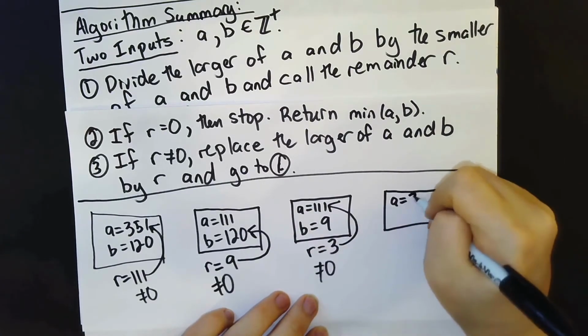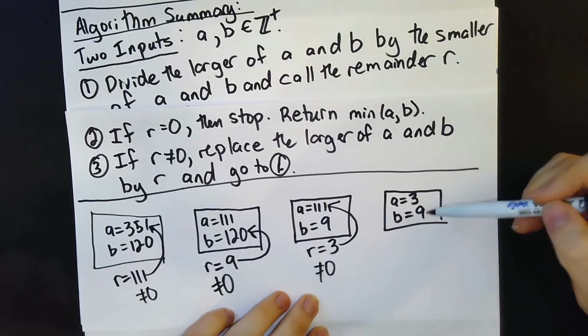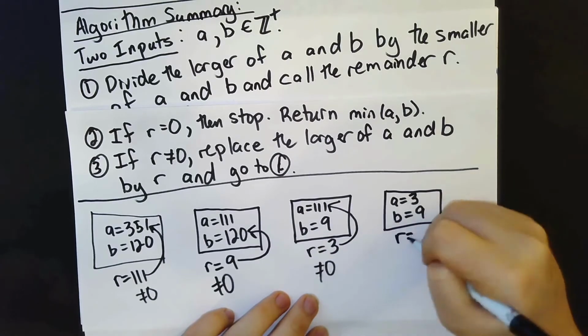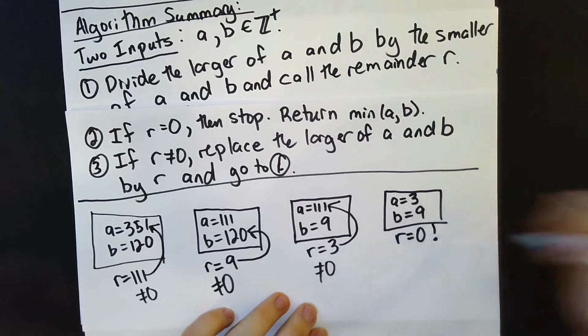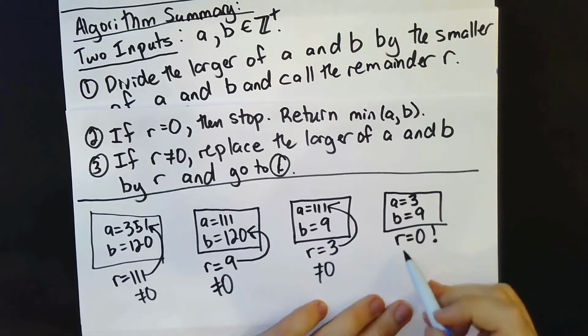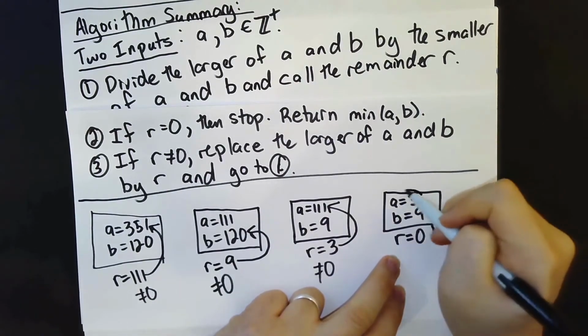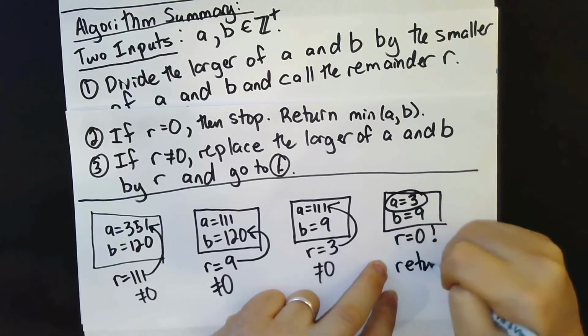Now A is 3, B is 9, and so now again, the computer divides the larger by the smaller, but this time when it does it, it does get a remainder of 0. And so the computer notices that. The remainder is 0. That means I'm supposed to stop. And then I look back at the A and the B, and I say, aha, this is the smaller of the two, so that is the one we return. So we end up returning 3.